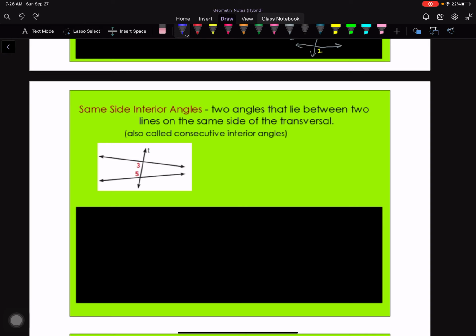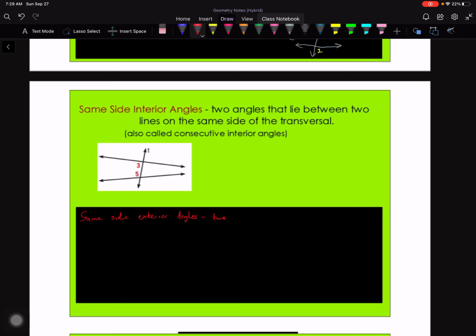And you probably have already guessed it, but we also have same side exterior angles. And pretty much the same definition, but now it's just going to be two angles that are going to be on the outside of the lines. So let's go ahead and fill that in.